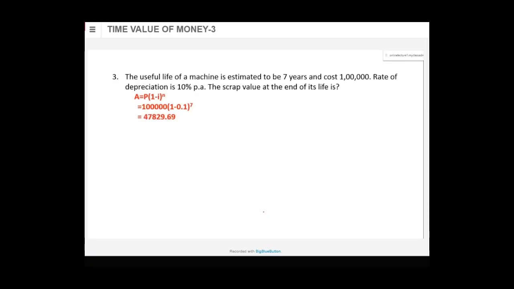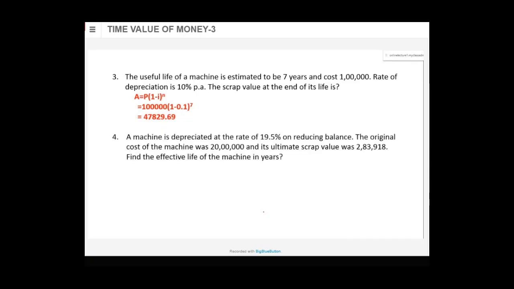Yes, good. 47,829.169. Okay. Here, this sum, sorry, this sum I want you to solve. Fourth one. Life of the machine. Similar to the second sum, this is.